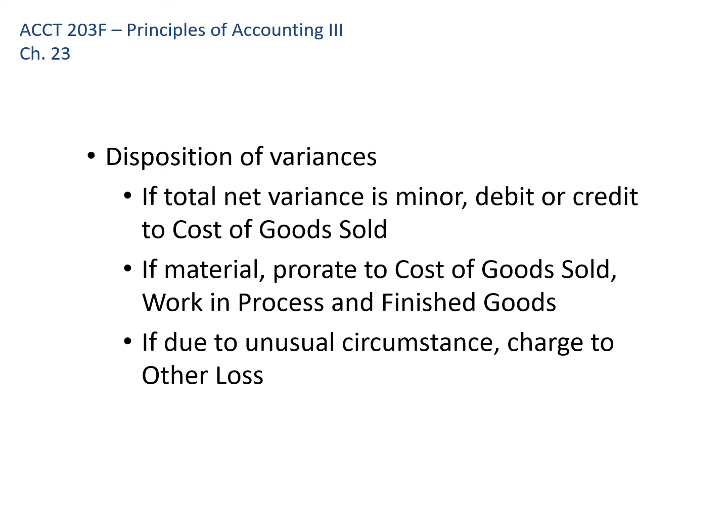I would look back at what the company has done in the past. If it's a material amount, then we'll prorate it between cost of goods sold, work in process, and finished goods. If it's due to some unusual circumstance, like a flood or a fire or an earthquake, then we would charge it to other loss so it doesn't distort the cost of goods sold and the gross profit figure.